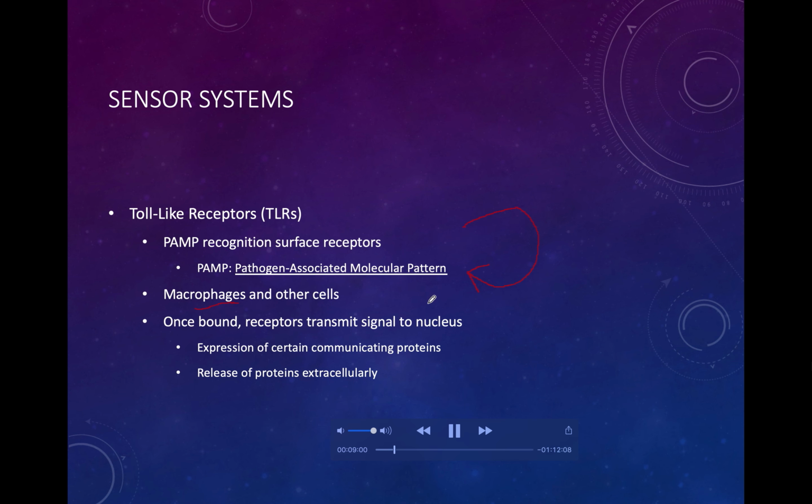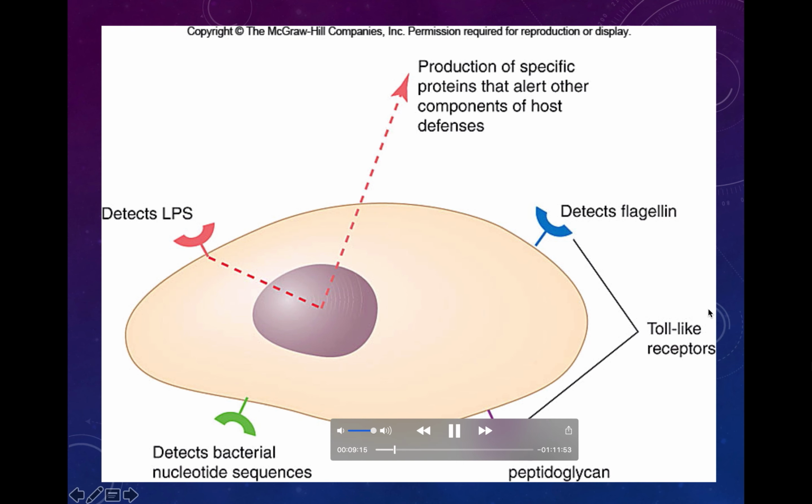Once bound, the receptors transmit a signal to the nucleus, which includes altering the gene expression for certain cell-to-cell communication proteins and the release of very particular types of proteins. We'll look at that in just a minute, but let me show you an image of what we're talking about.